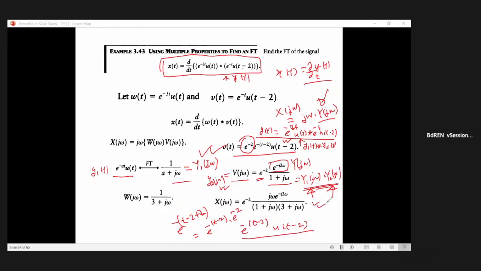Then after having this done, we have to go back to the time domain, isn't it? How can we go back to the time domain? Can you go back to the time domain by using comparison?